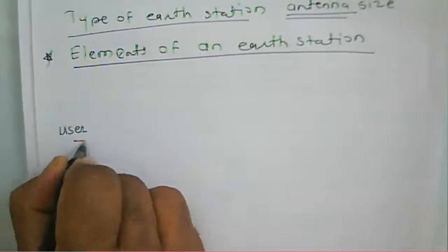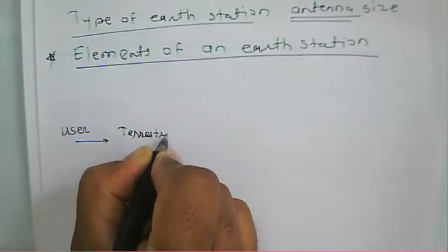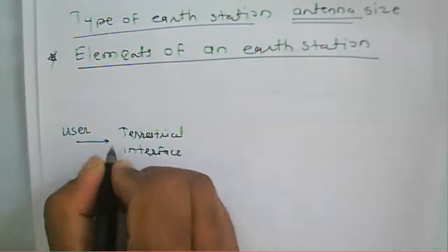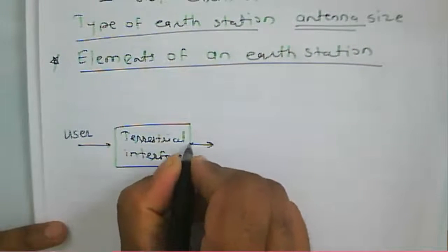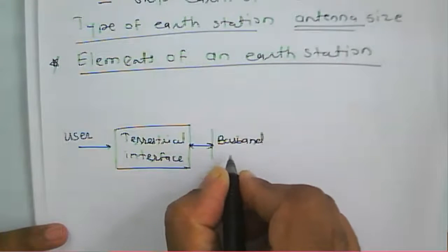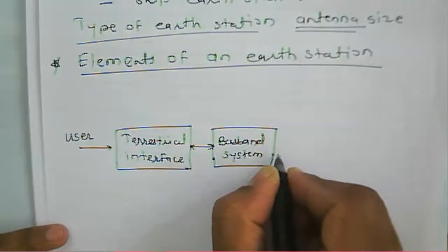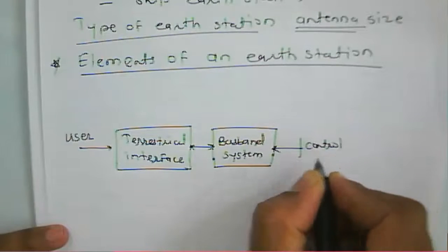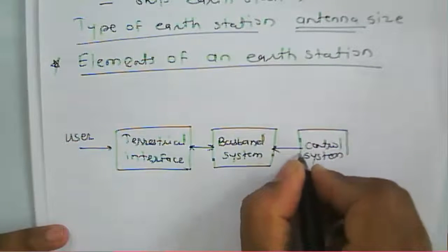Here we have multiple users, then a terrestrial interface, and from the terrestrial interface we have the baseband system. The baseband system controls whatever the antenna position or antenna system is there.